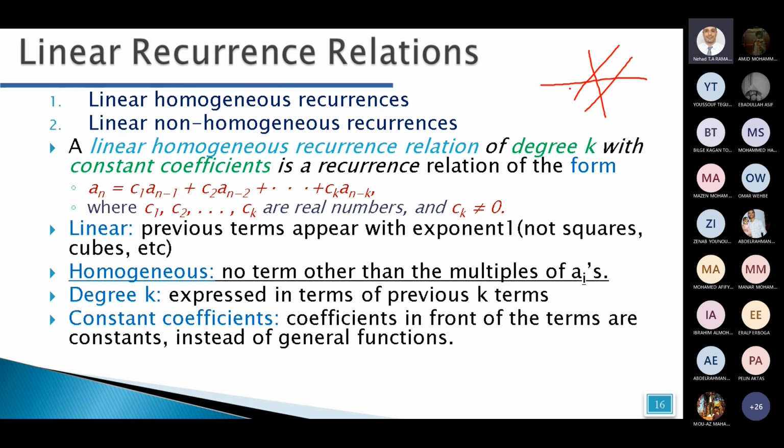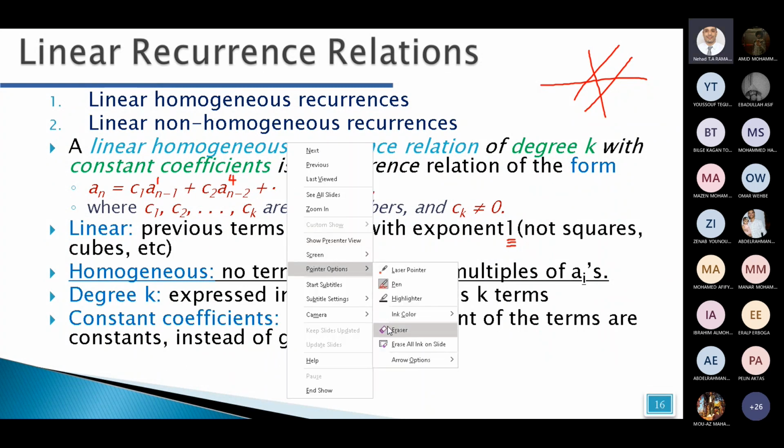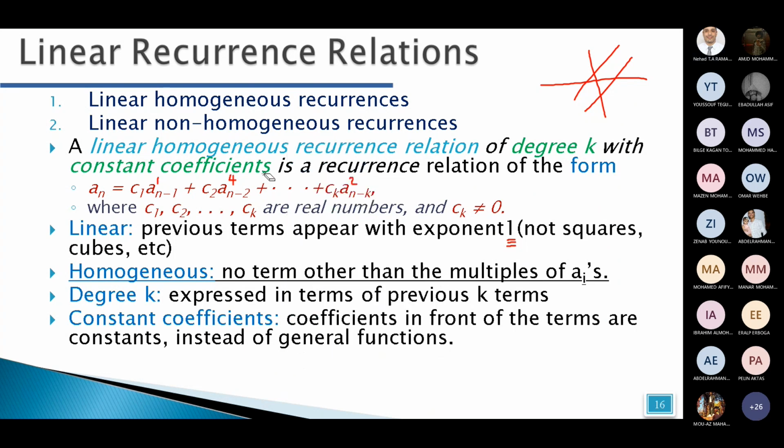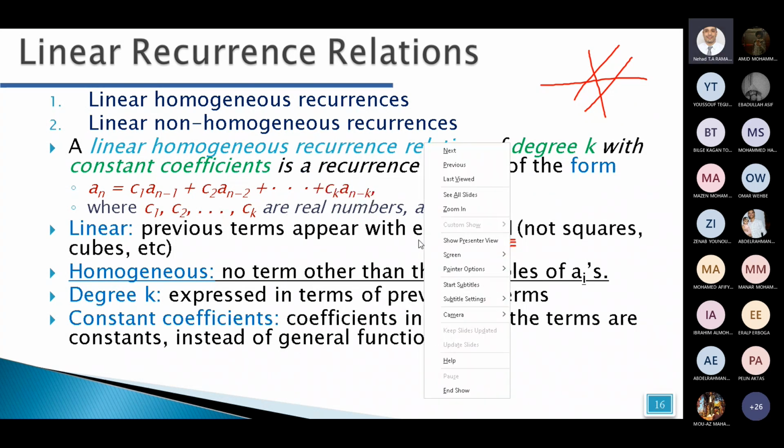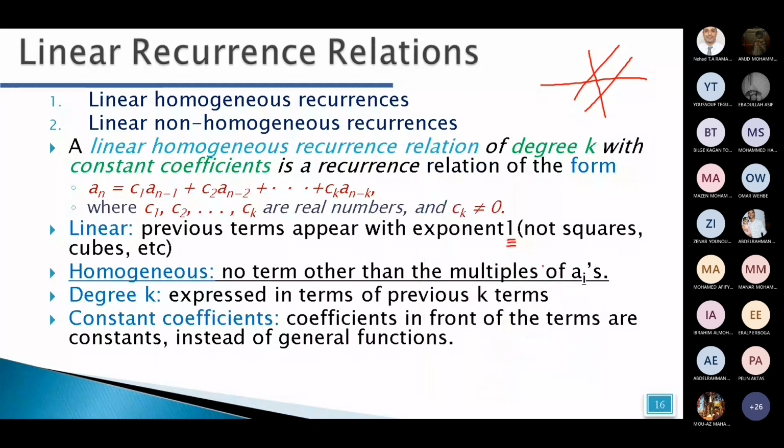An equation gives a line only if its exponent is 1. If you have a square, for example a power 2, 3 or 4, it's not linear. To be linear, you have only a, meaning a to the power 1. If you have any other exponent than 1, it's not linear. So this is the meaning of linear, and this is the meaning of homogeneous.